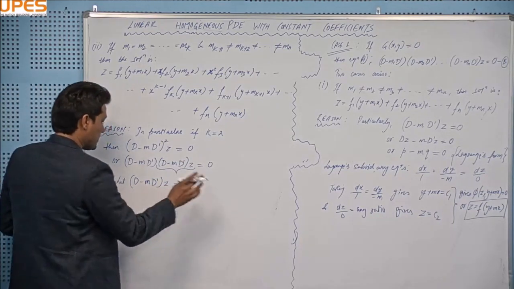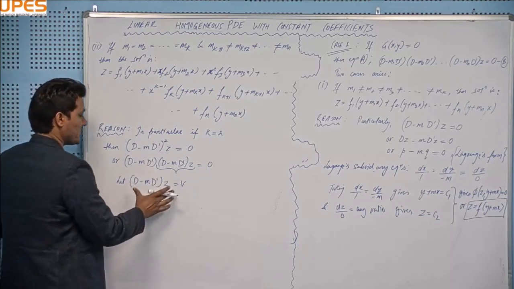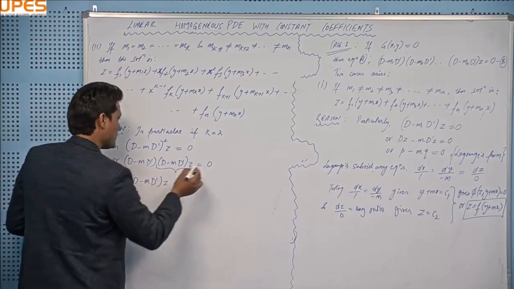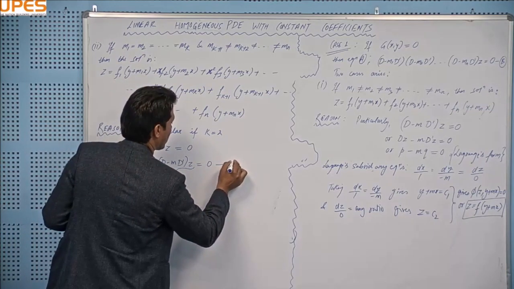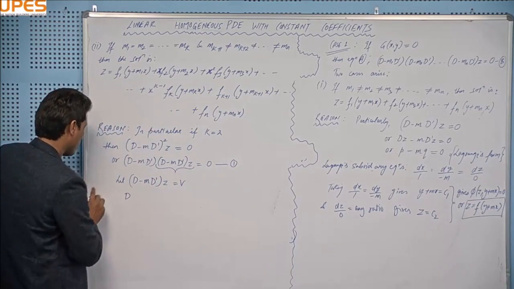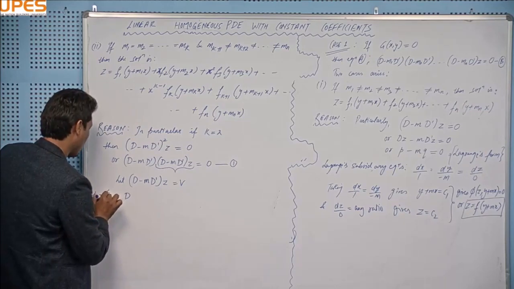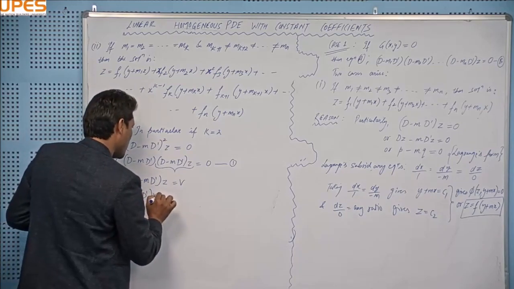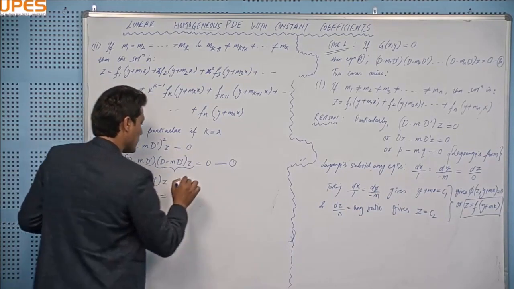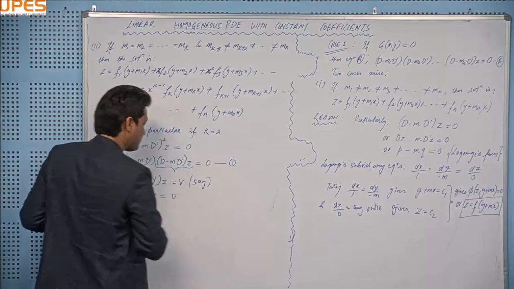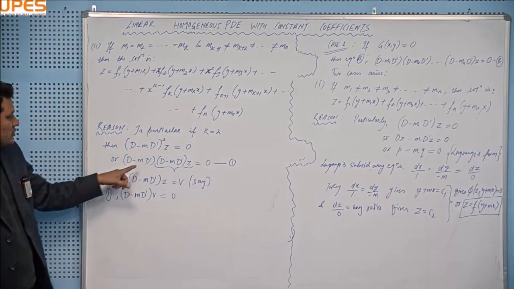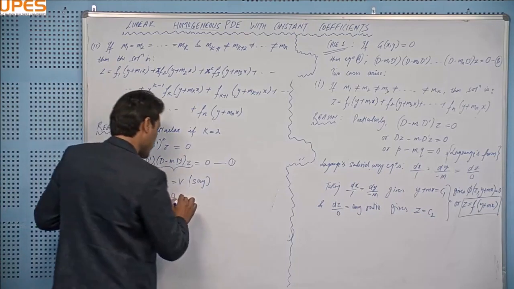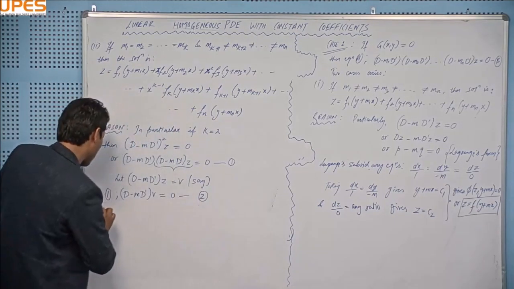Then (D − mD') z = v, and putting this here, I'm writing it as equation number 1, then equation 1 becomes (D − mD') v = 0. Now I am going to solve this equation number 2.